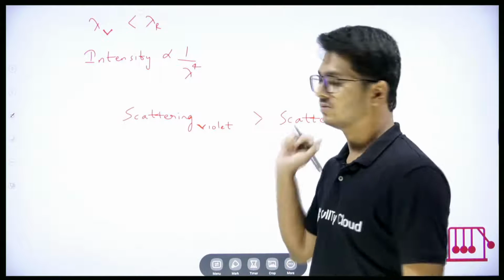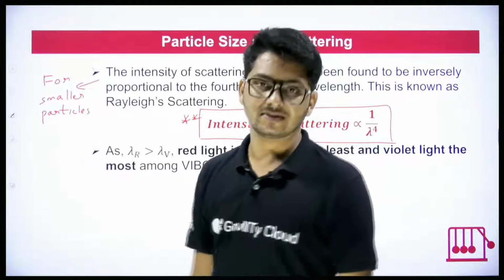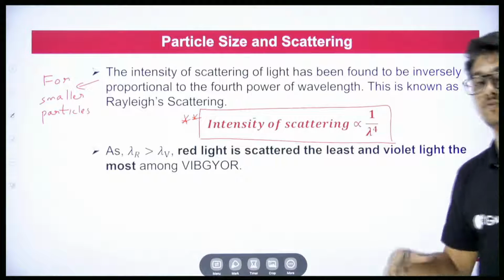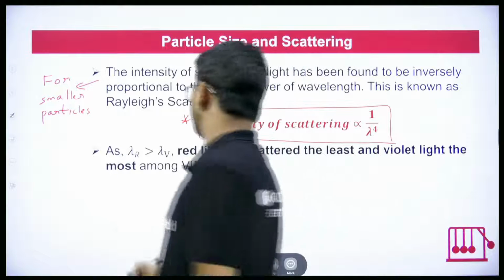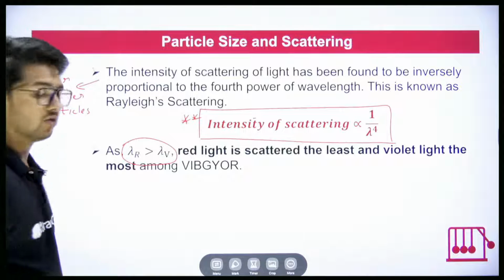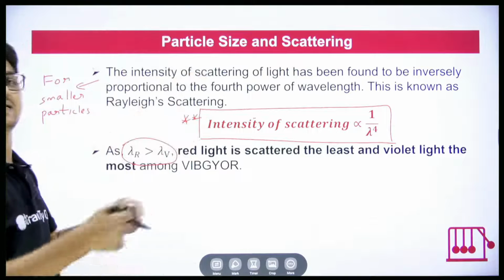Got it? And that's the importance of Rayleigh scattering. For smaller particles, the intensity of scattering is inversely proportional to the fourth power of wavelength. The wavelength of red is greater than that of violet, and greater wavelength means less scattering.